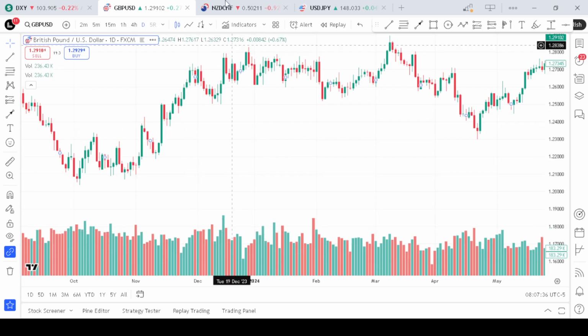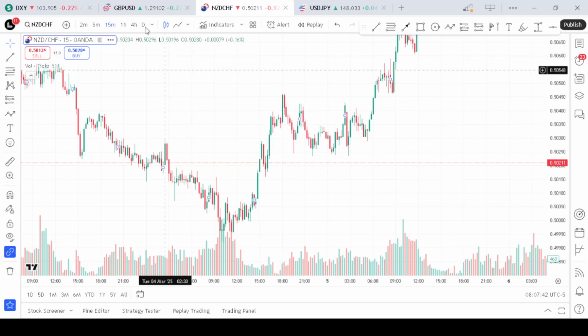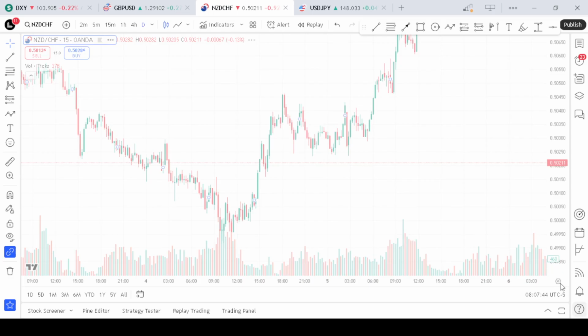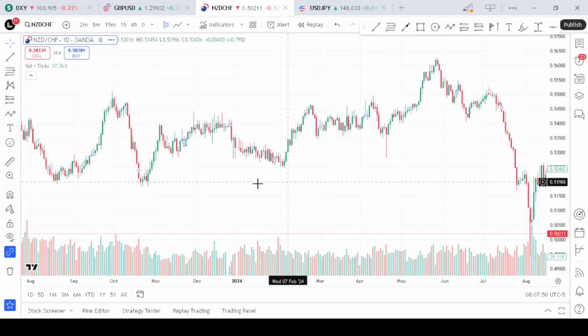While the summer doldrums is trying to say that from June to August, volume reduces in specific pairs. From June to August, this is what it means.